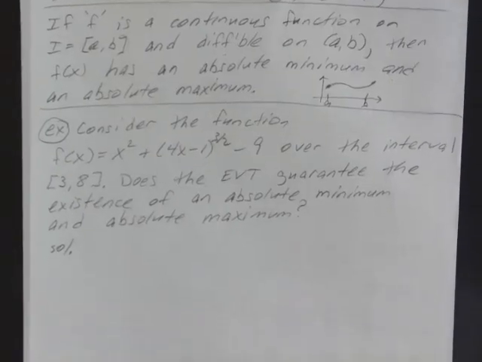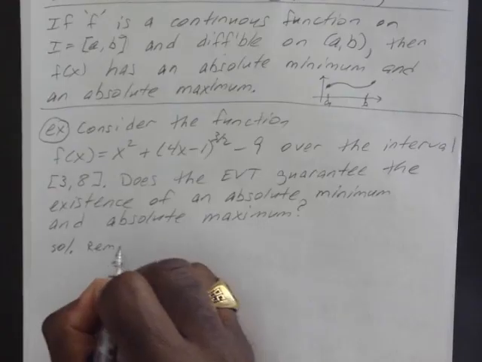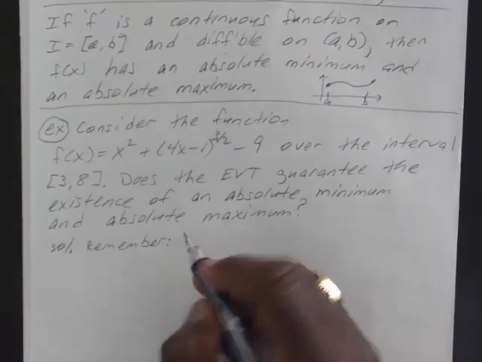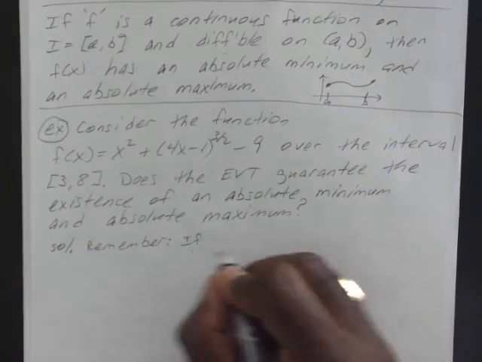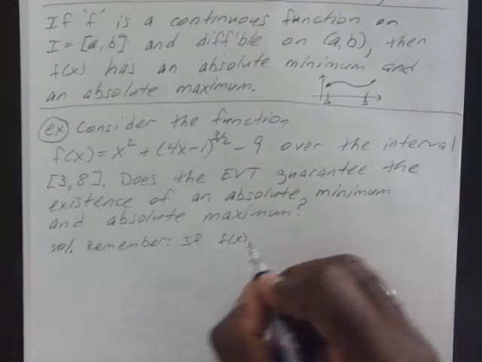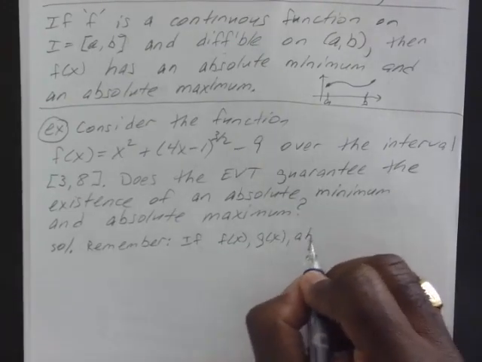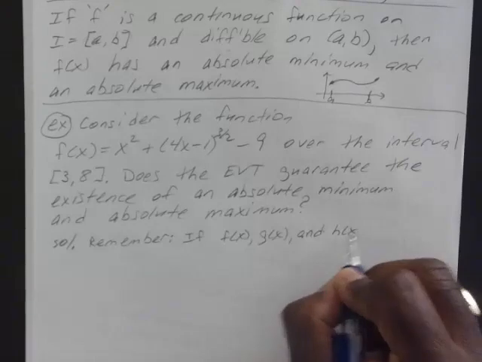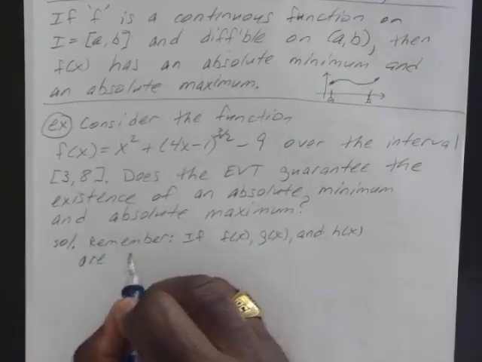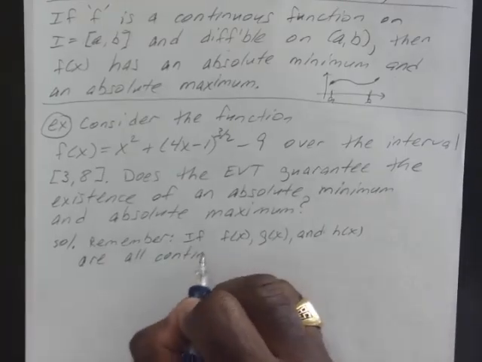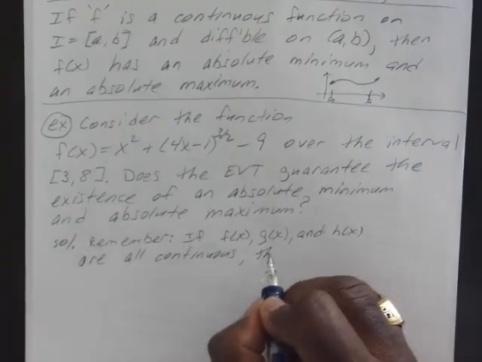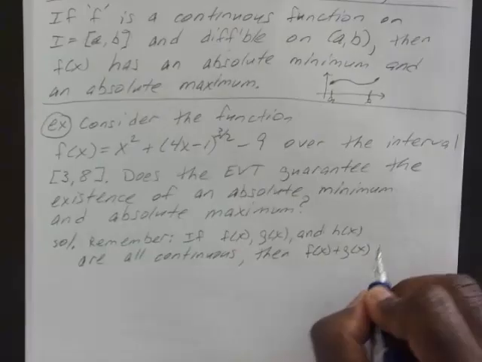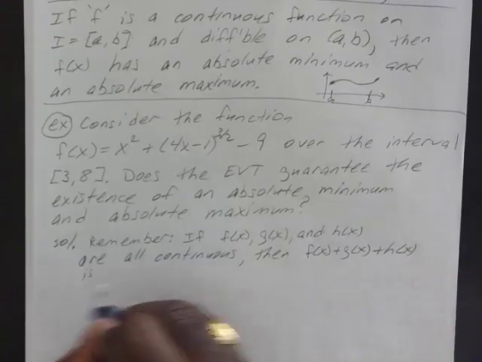Okay. Now with this one, you just have to remember a rule about functions and continuity. Let's say if f of x, g of x, and h of x are all continuous, then we know that if you add them together, f of x plus g of x plus h of x is also continuous.